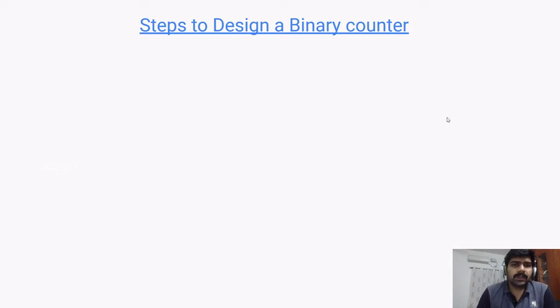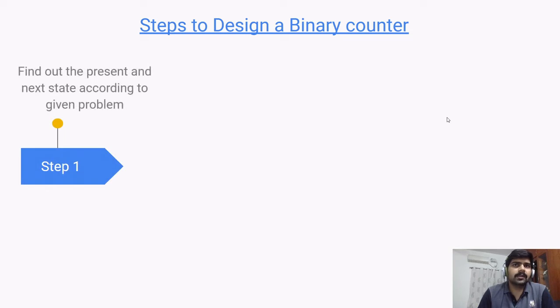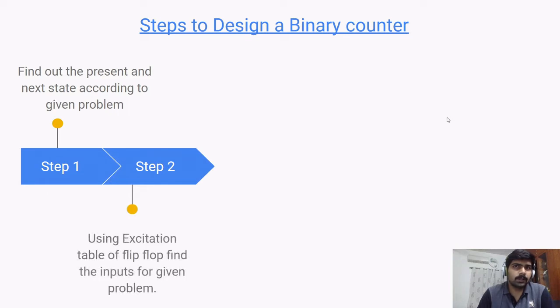Okay, so now we discuss the steps to design a binary counter. The first step is to jot down the given sequence with its present state and next state. The next step, we have to use the excitation table of the flip-flop we are using to design the counter and write down the table of the respective flip-flop.